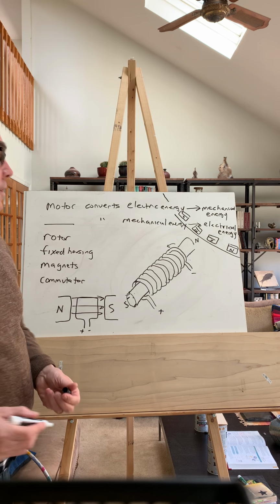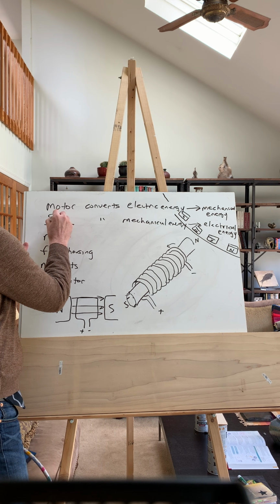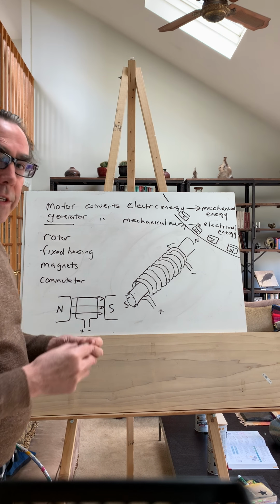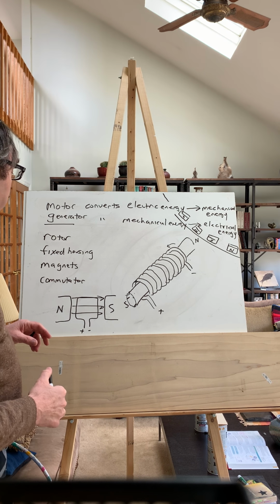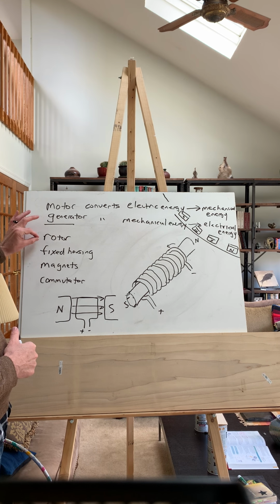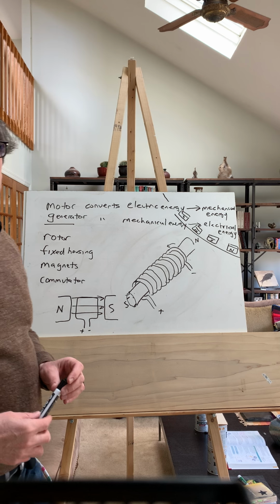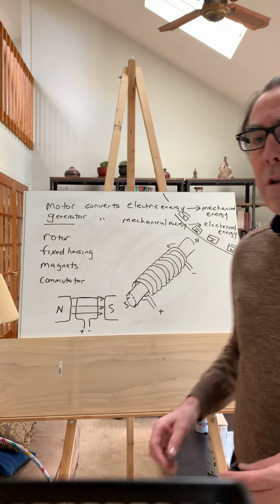And of course there is, and it's called the generator. And the generator's operation is pretty simple. You still need the rotor and the fixed housing and the magnets, but you don't need a commutator for a generator. Now, let's take a look how that works.